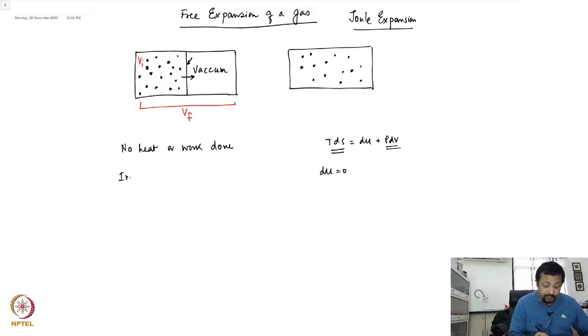So the internal energy remains constant.